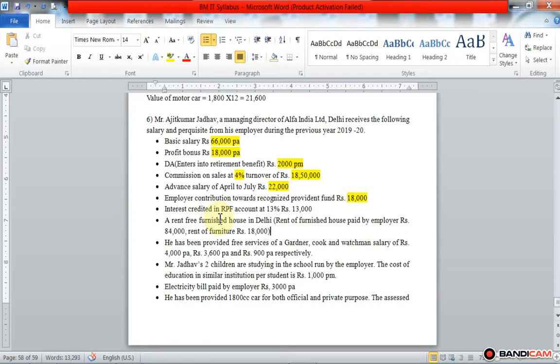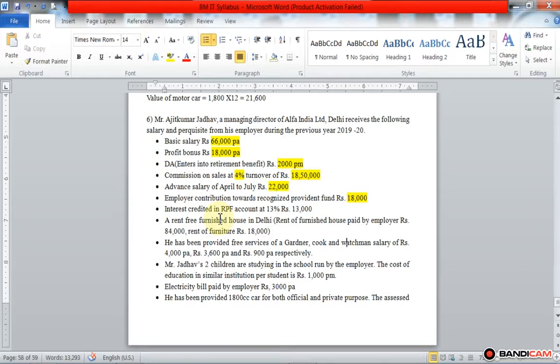Then a rent-free furnished house in Delhi, rent of furnished house paid by employer. It means the accommodation is not owned by the employer. The employer has paid rent of the house provided to the employee, rupees 84,000, and rent of furniture rupees 18,000. So we have to compute rent-free furnished accommodation, but the accommodation is not owned by the employer.